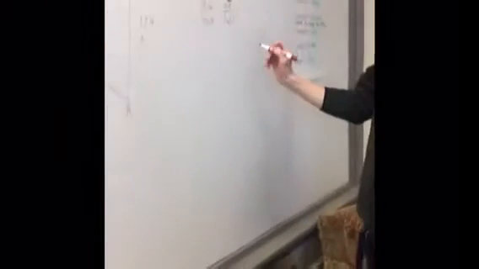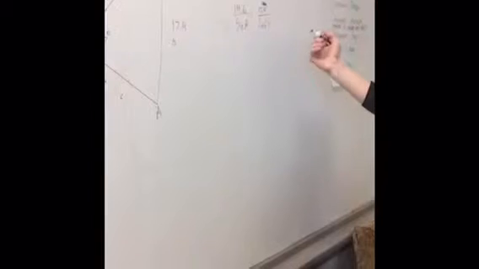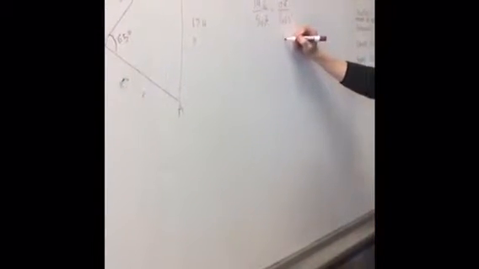And from here, you're going to need to use your calculator and figure out that 17.4 divided by the sine of 65 equals 19.2.